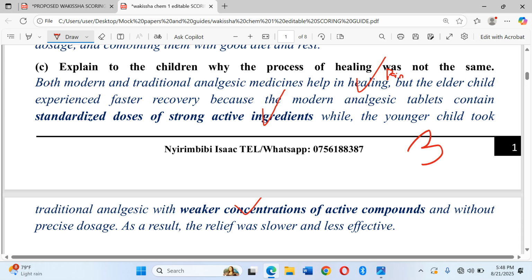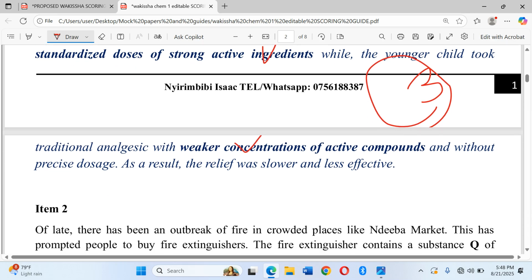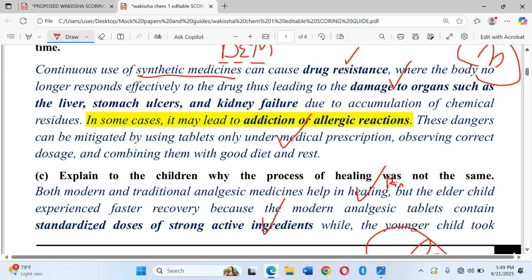So you can see that you are able to get your 3 scores. So this number 1, we can see that you can score it out of 9. Every part taking 3 scores. And I believe we have been able to see how best we can approach.